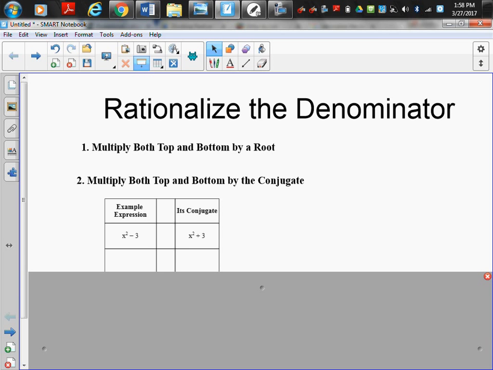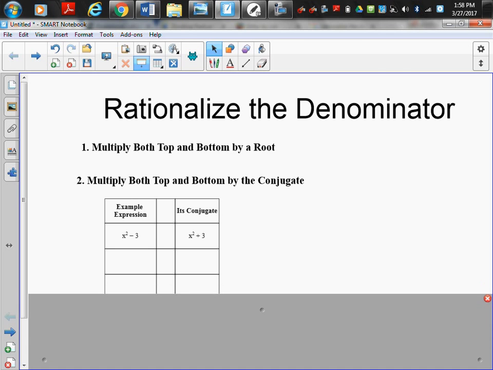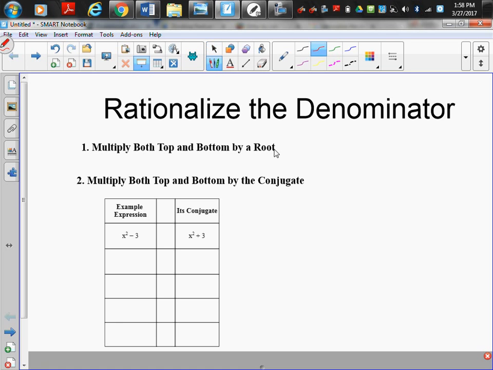Alright, so let's look at another example. What if I give you 7 plus square root of 2? 7 minus square root of 2.